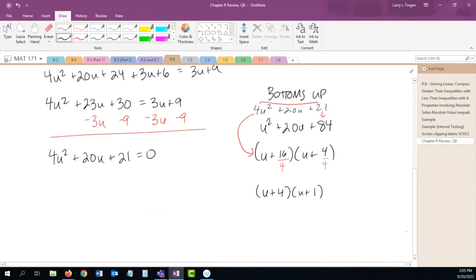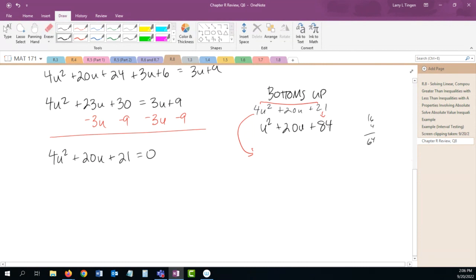Well, that can't be right, can it? And if I multiply that back out, it doesn't work. 16 times 4 is 64, not 84. Okay. I thought it too there for a second, and I was like, oh, this is going to work out perfect.